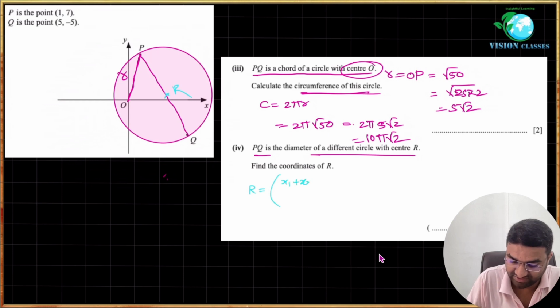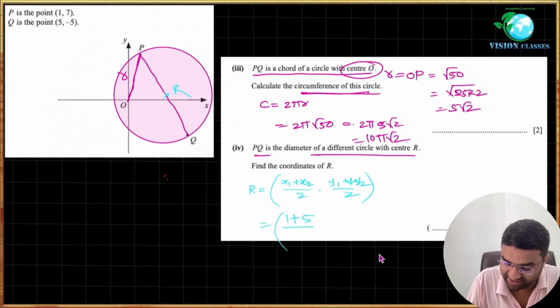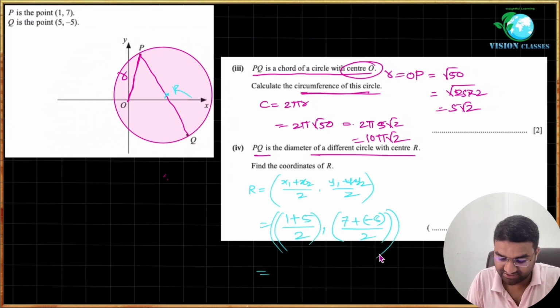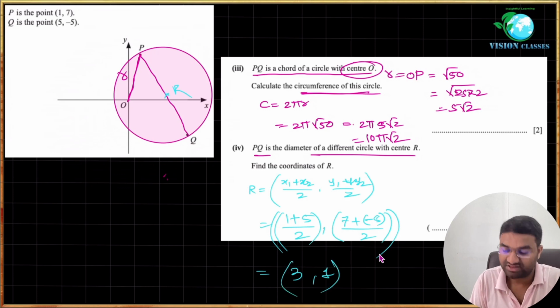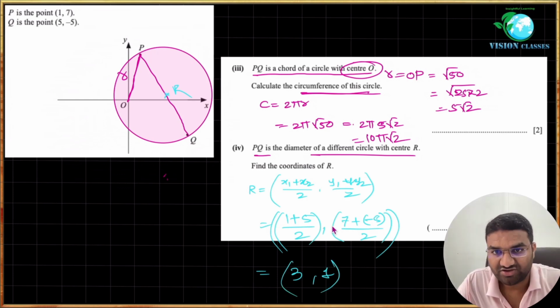X1 plus X2 divided by 2, comma Y1 plus Y2 divided by 2. So here it is 1 plus 5 divided by 2, comma 7 plus minus 5 upon 2. Fine. So we will get 1 plus 5 is 6, 6 divided by 2 is 3, and 7 minus 5 is 2, divided by 2 is 1. So 3, 1 will be the center of the circle, or the coordinate of R.